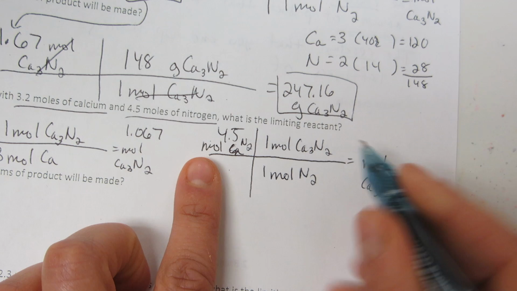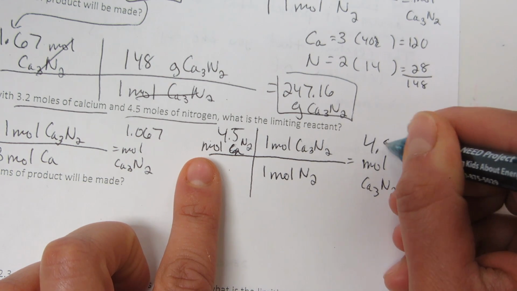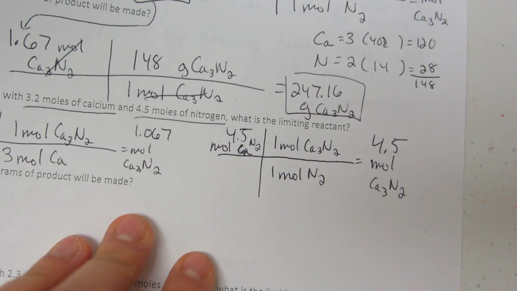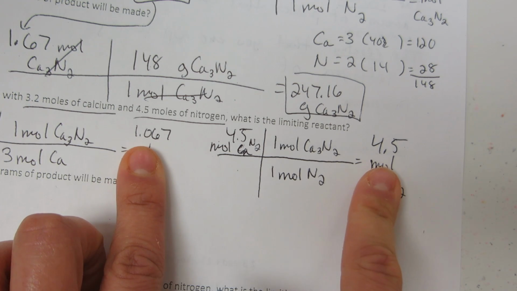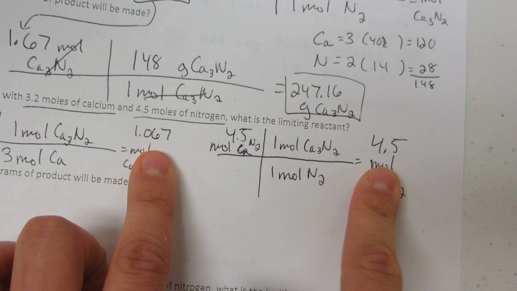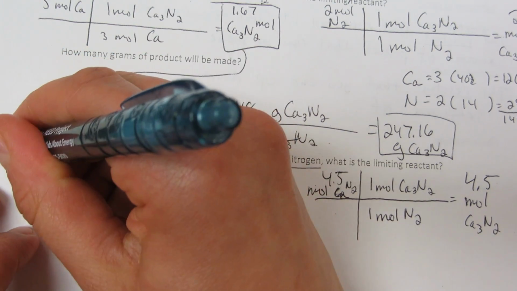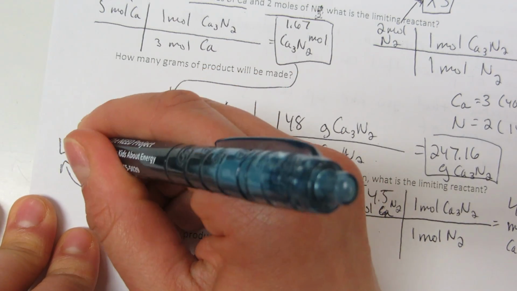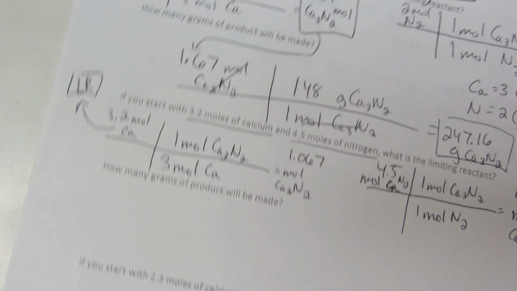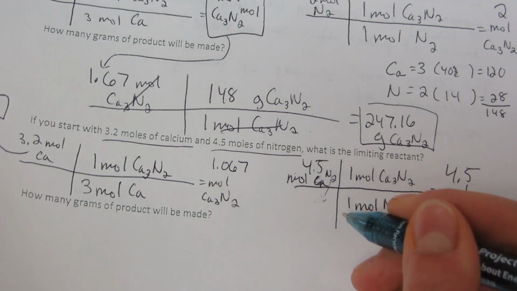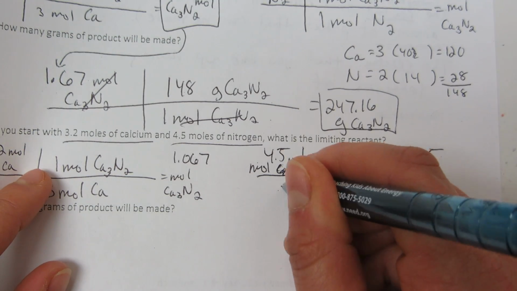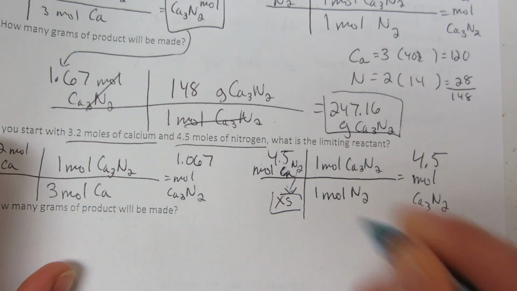Okay, so that's going to be 4.5 as the answer there. Okay, so the number that's smaller, 1.067 versus 4.5, it's the 1.067. So that means the calcium was our limiting reactant and ran out first. And the nitrogen is the excess one. We have leftovers of it.